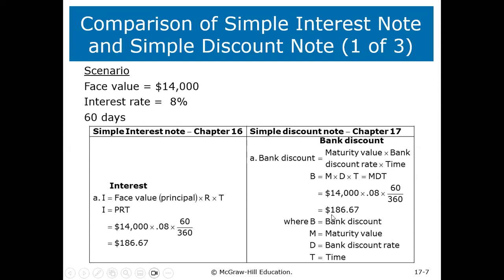So this 186.67 is also the bank discount. It's the same as the interest because the discount and the interest rates are the same, the principals are the same, and the terms are the same. So everything is the same, and we expect the same answer.